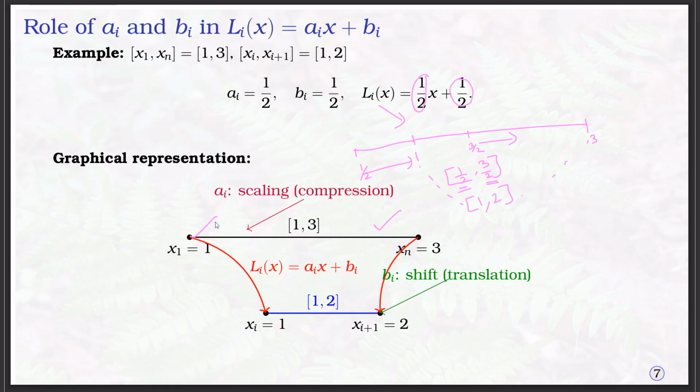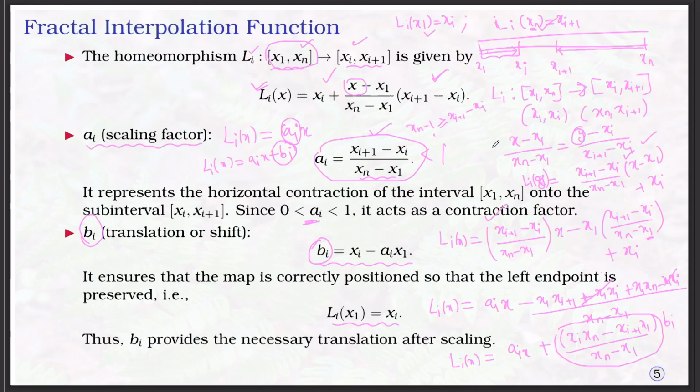This function is one-one and onto. So by using this formula, one can find the contractive homeomorphism between these two intervals, and observe that x1 to xn is mapped to the subinterval. That means if you have the whole, it is mapped, compressed, as the smaller image. This is the basic property.